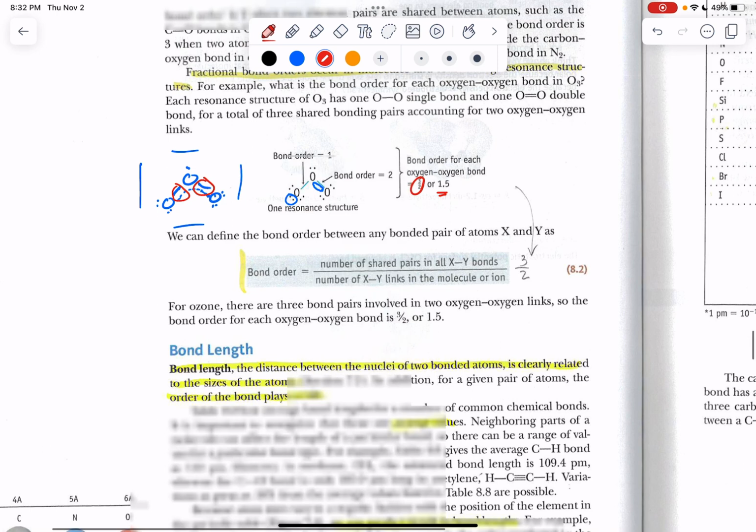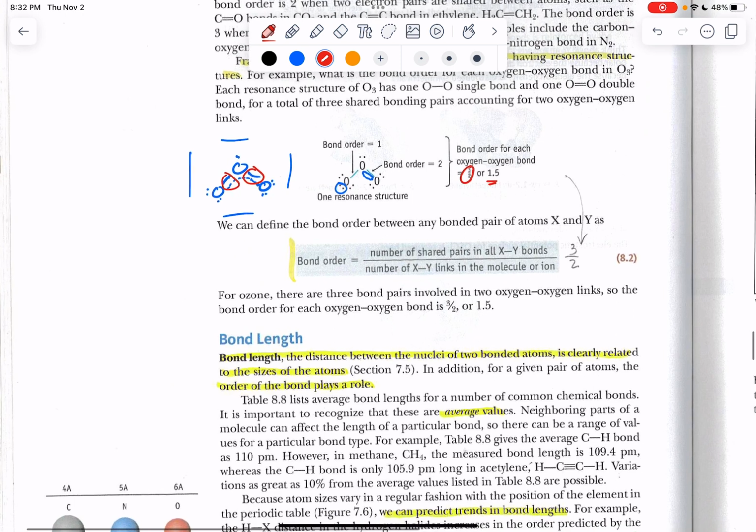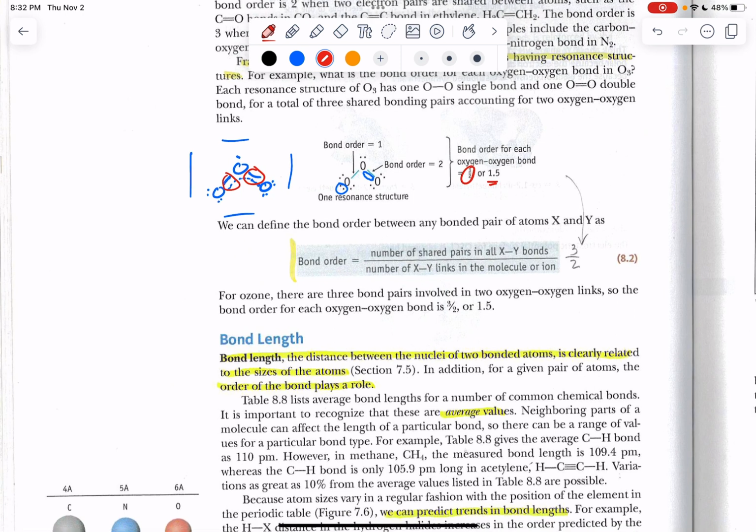And the way you can calculate bond order, if you don't like doing the drawing method, which I just did, is when you look at ozone, and let me go back to my blue color and also erase this. When we look at the ozone molecule as drawn in this picture, one of the resonance structures, you can see that there are 3 covalent bonds, 3 X-Y bonds.